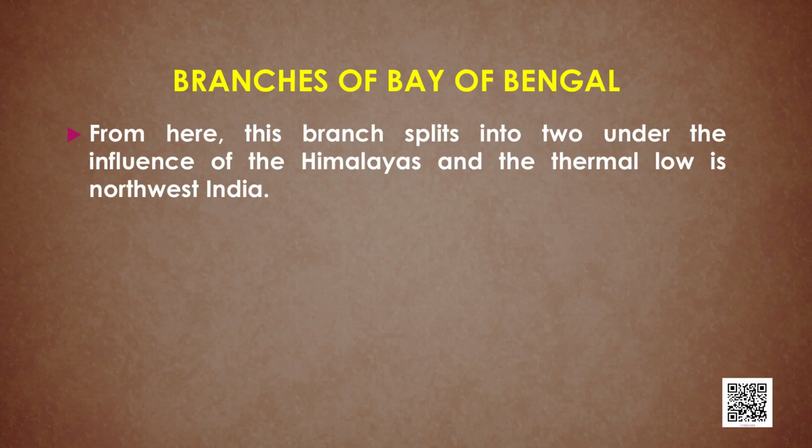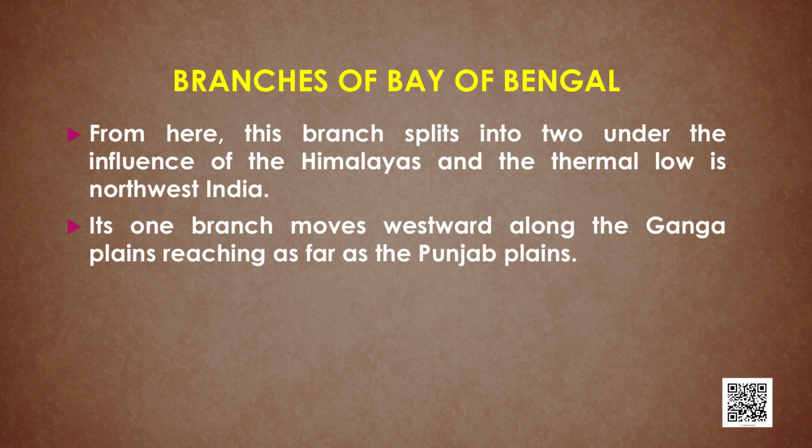Now, there are again certain branches of the Bay of Bengal branch. From here, that means from West Bengal and Bangladesh, it splits into two branches under the influence of the Himalayas and the thermal low which is existing in northwest India till now. One branch moves westward along the Ganga plains, reaching as far as the Punjab plains. Now you see, the whole of the northern plain is covered.